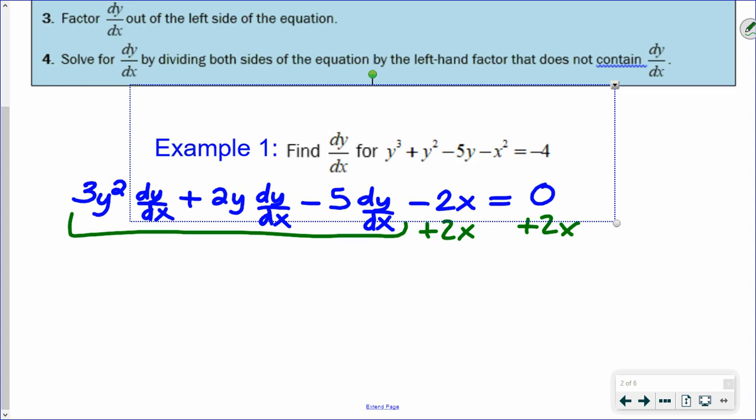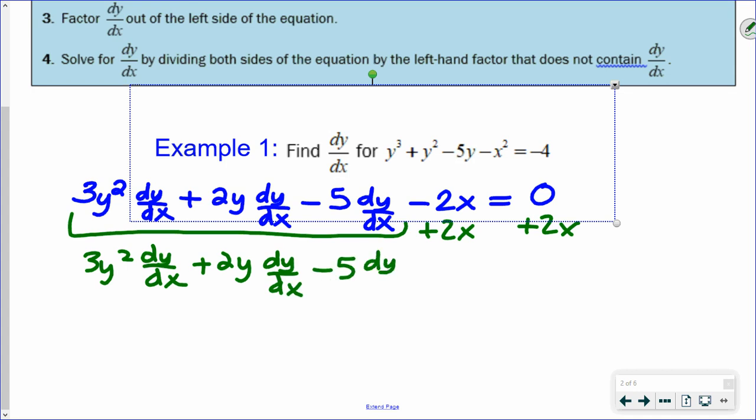Sometimes you have to move terms from both sides, but in the end, you just want any term with a dy over dx on the left and any term without a dy over dx on the right. Okay, so now we have 3y squared dy over dx plus 2y dy over dx minus 5 dy over dx equals 2x.